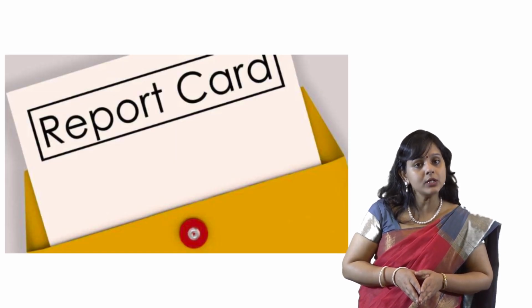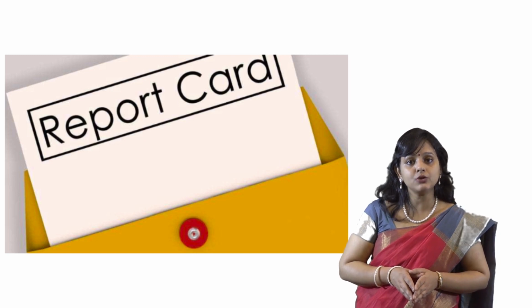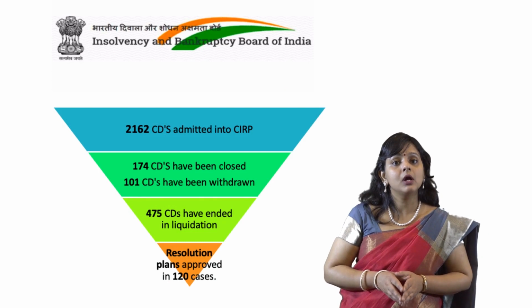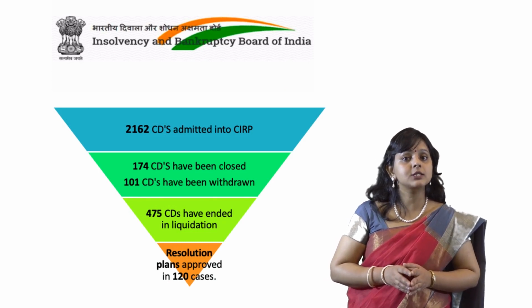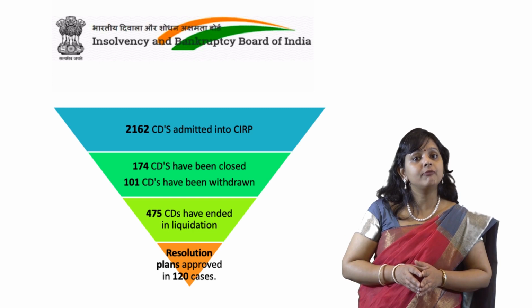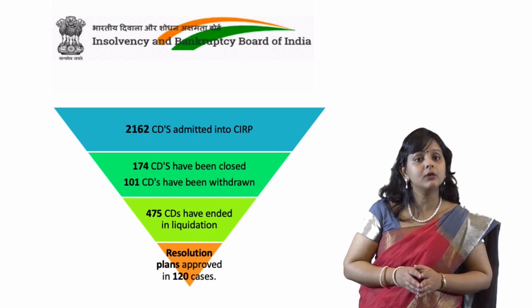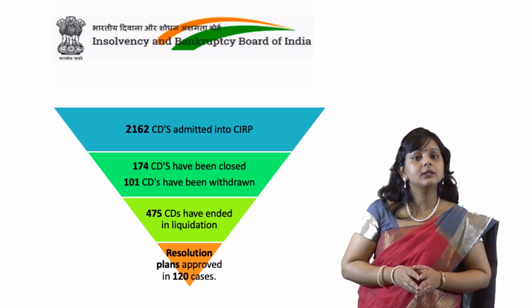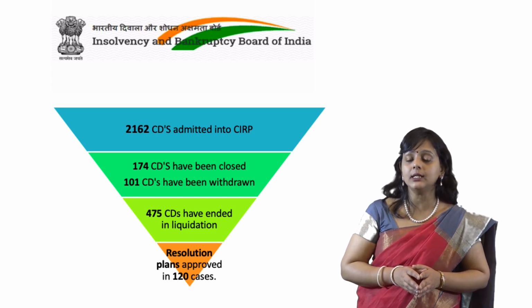Now, having talked about various potential advantages which are sought to be offered by IBC, it is time to have a look at the report card highlighting the performance of this code in the direction of attainment of its objectives. According to the IBBI report, 2,162 corporate debtors have been admitted into the corporate insolvency resolution process since December 2016 till the end of June 2019.